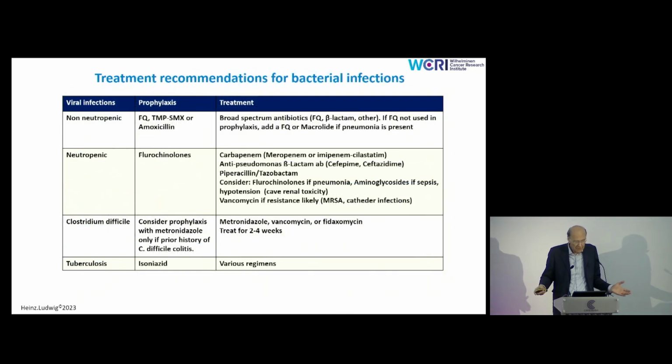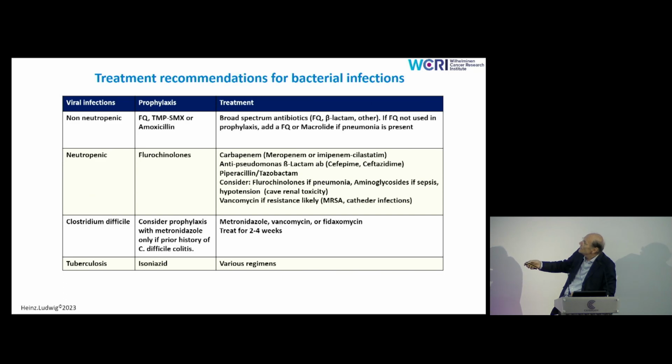With bacterial infection, I don't go into much detail. The choice of antibacterial therapy depends on the situation: if the patient is neutropenic or not neutropenic. If the patient is neutropenic and developing sepsis or close to sepsis, you need to use very active antibiotics like carbapenems, piperacillin-tazobactam.